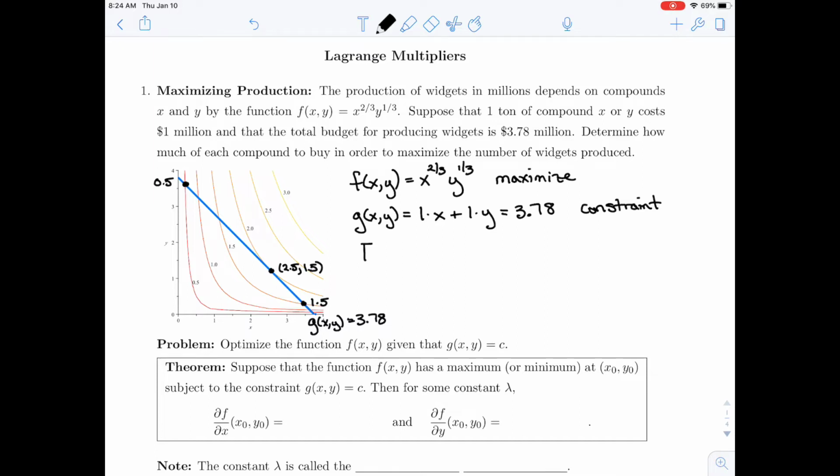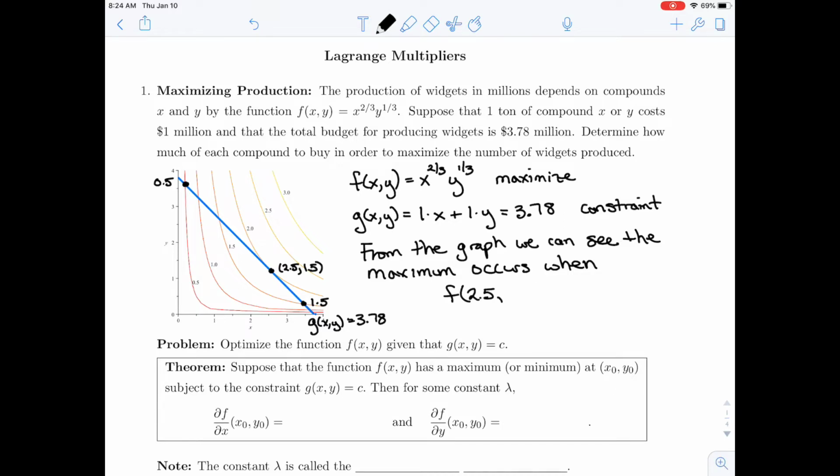So from the graph, we can see the maximum occurs when f of 2.5 tons of compound X and 1.5 tons of compound Y equals 2 million widgets.